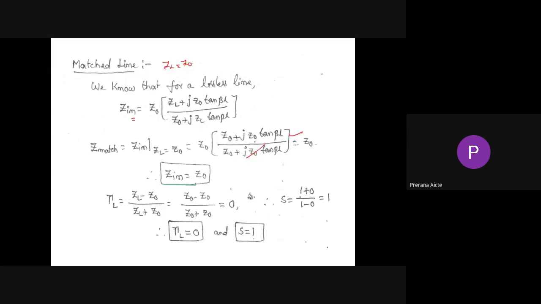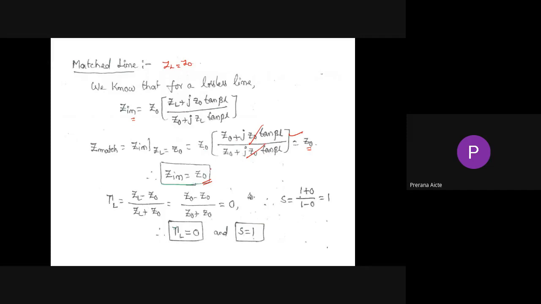The numerator and denominator are both the same, so they cancel each other. Therefore, it will come only Z naught. Therefore, input impedance is equal to the output impedance for a matched transmission line.